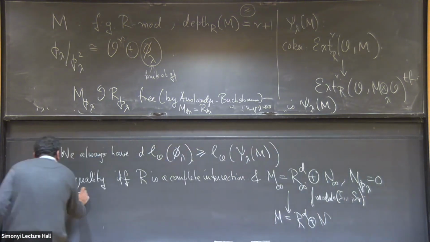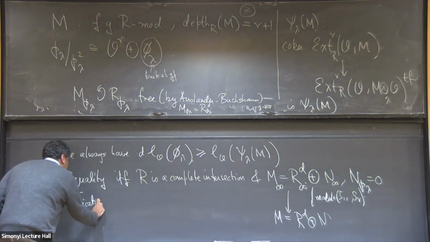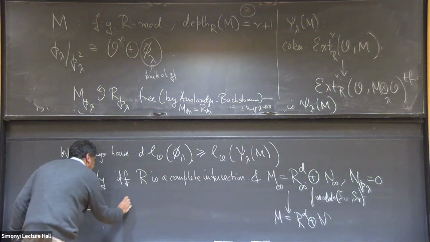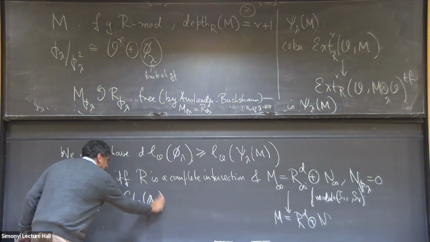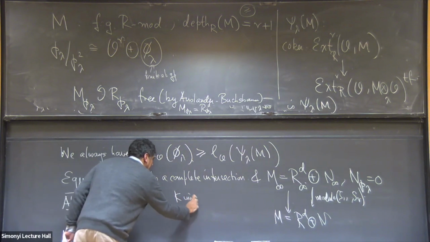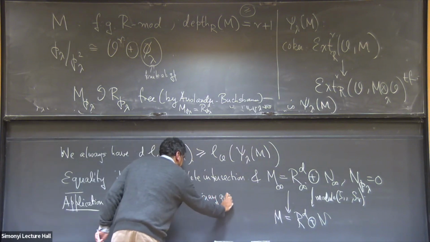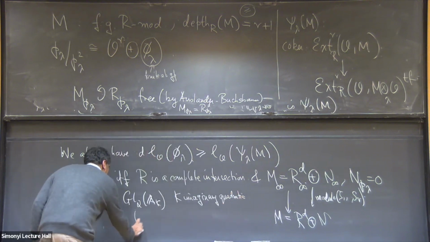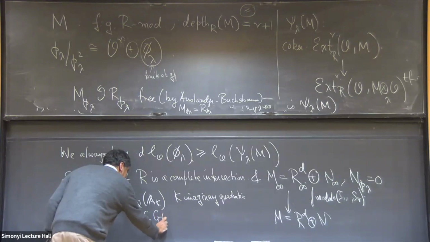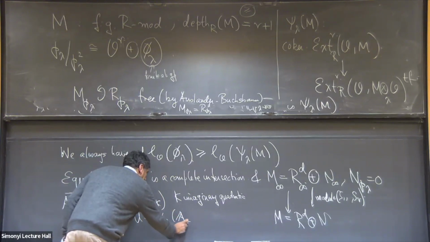Okay, and now the last application is the following. You consider GL2 over K, an imaginary quadratic field. Consider U, an open compact subgroup, say a congruence subgroup of SL2 of O_K, the finite part.